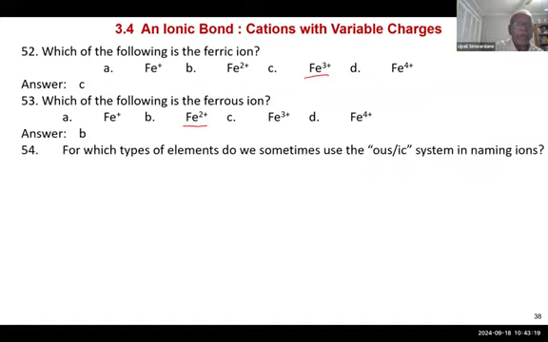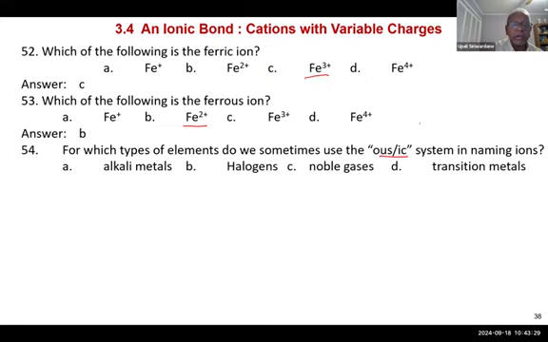B. Which of the elements do we sometimes use the system in naming? Transition. Yeah, B group. Noble gases, halogens, alkali metals are main groups. They have normally fixed charges.